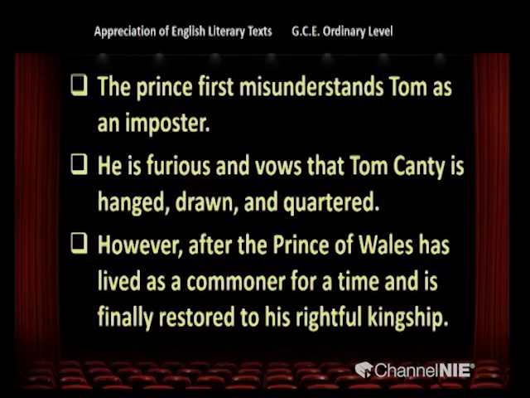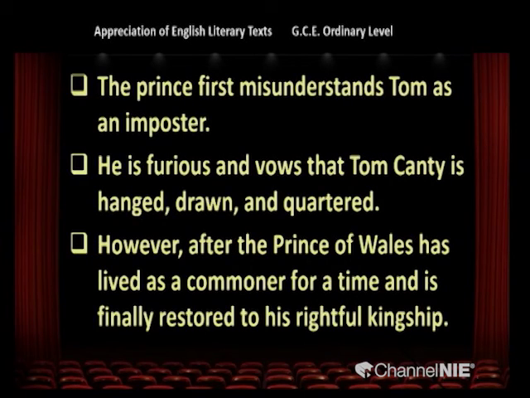The prince first misunderstands Tom as an impostor because he didn't know what happened at the palace. He is furious and vows that Tom Canty is hanged, drawn and quartered.